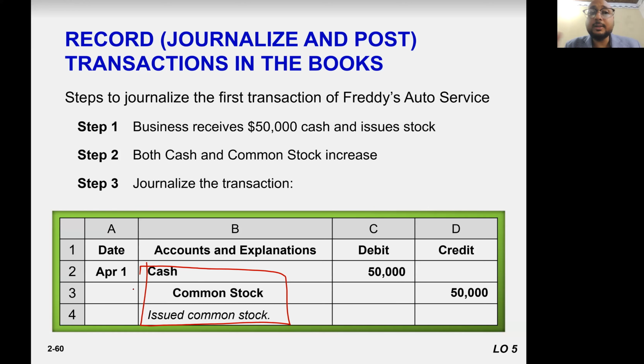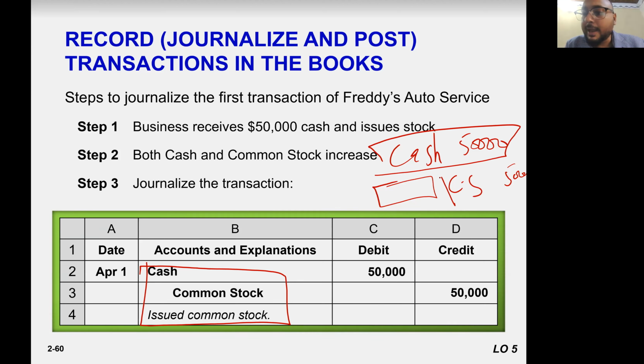Now, if you already understand the accounting, you know that, okay, cash to common stock, "to" means it is credit. So you write down here, with a space, cash to common stock, 50,000. Cash must be debited and common stock must be credited.